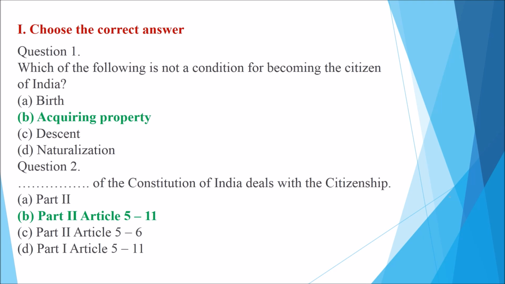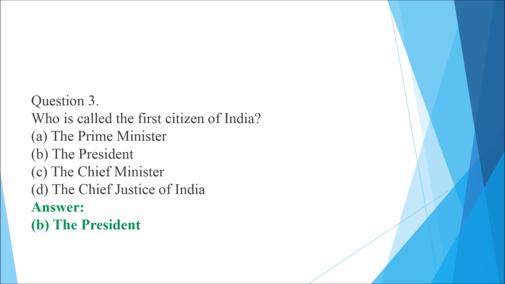So the correct answer is option B, Part 2, Article 5 to 11. Question number 3. Who is called the first citizen of India? Option A, the Prime Minister. Option B, the President. Option C, the Chief Minister. Option D, the Chief Justice of India. So the correct answer is option B, the President.